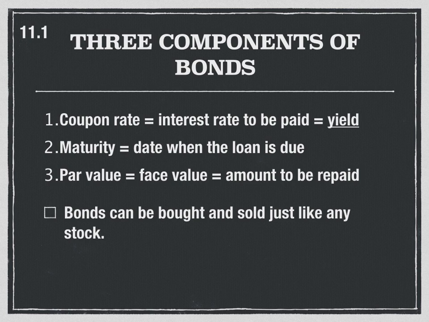Number two, maturity. That is the date when the loan is finally paid off or when it is finally due. Number three, I don't know where they get this term, but it is par value. It is the same as the face value of the bond. The face value of a $1 bill is $1.